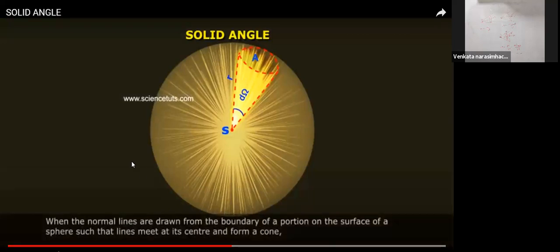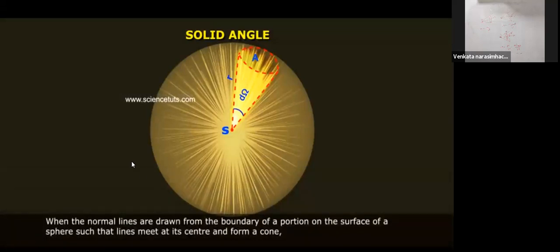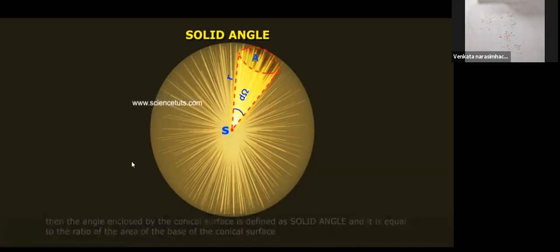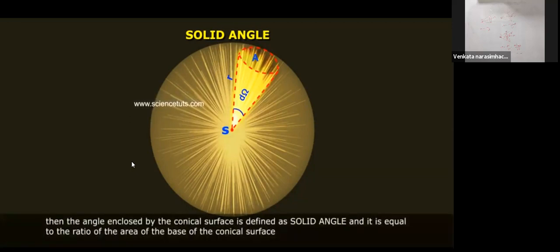When normal lines are drawn from the boundary of a portion on the surface of a sphere, such that the lines meet at its center and form a cone, then the angle enclosed by the conical surface is defined as the solid angle.